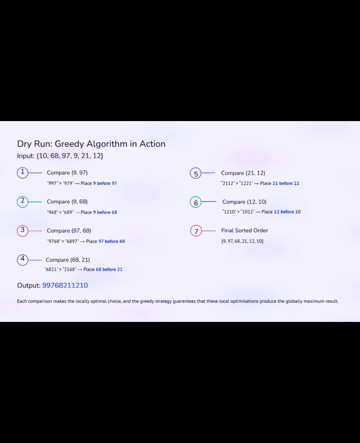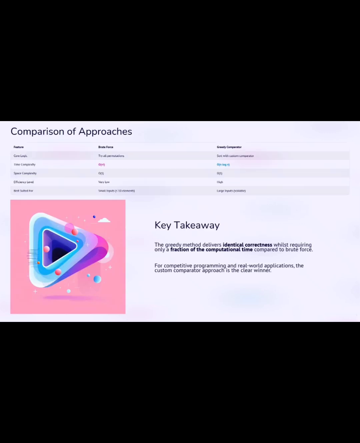The program does not always start with 9 and 97. The sort function automatically selects pairs but always applies our custom rule to form the biggest possible value. The brute force method tries every permutation, giving the correct result, but taking huge time, O of n factorial. So, it's only good for small inputs.